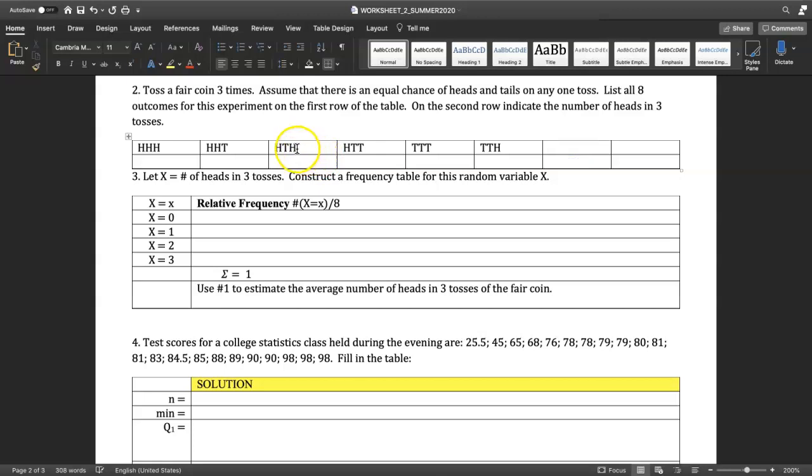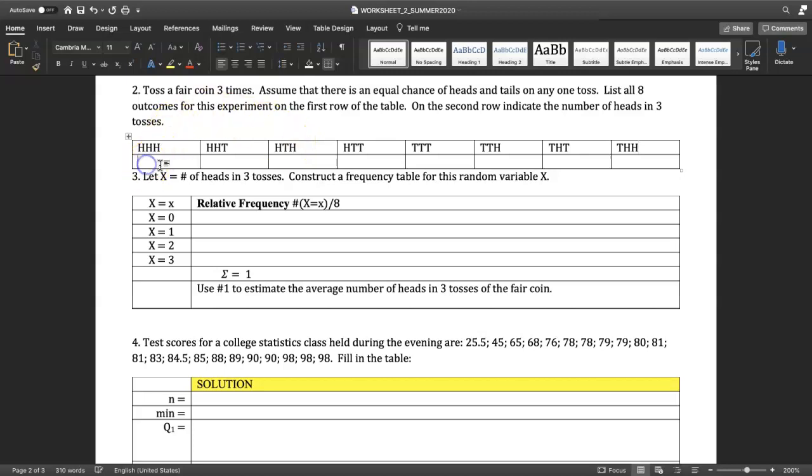I'll look at the third box and write here tails, heads, tails. And then the last one here would be tails, heads, heads. Okay, all right, so we've got all 8 of these outcomes of tossing the coin 3 times.